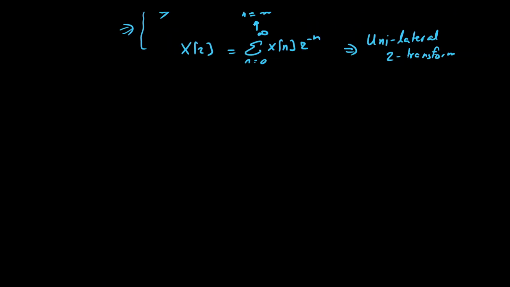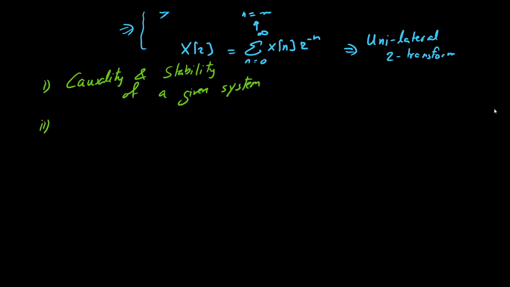Now there are several benefits of working in the z domain. For example, we can look into the causality and stability of a given system. We can also design and analyze digital filters, but more importantly, we can take a transform of non-converging signals.